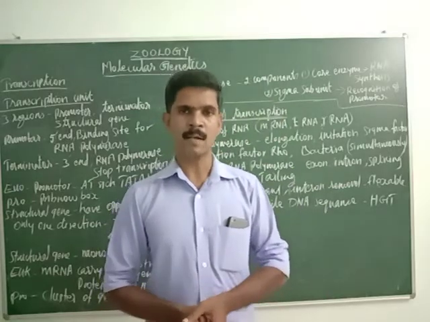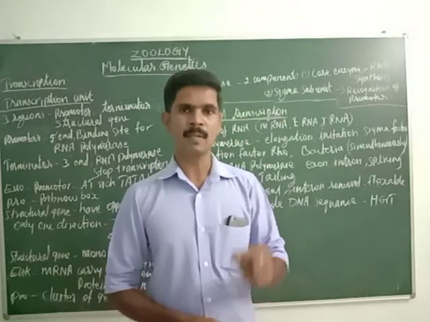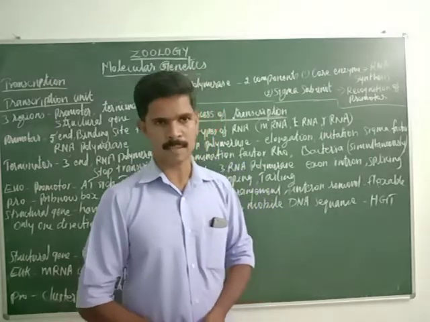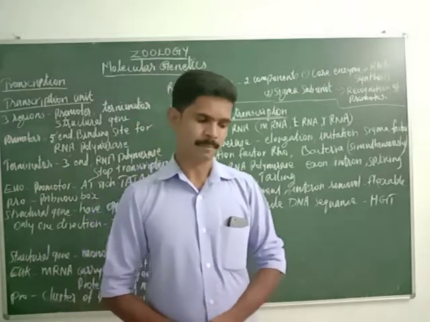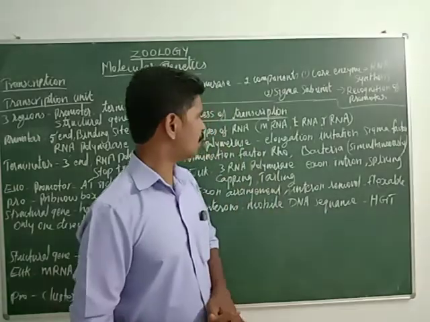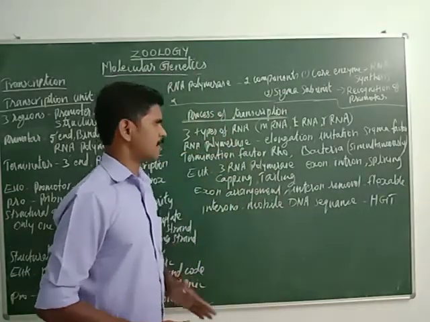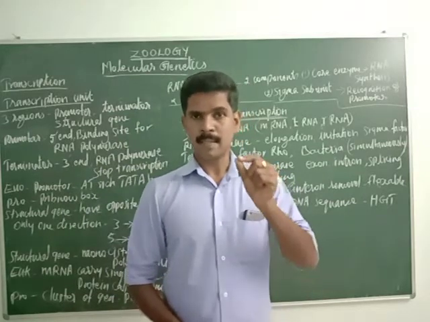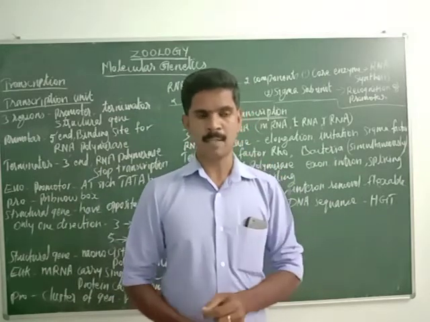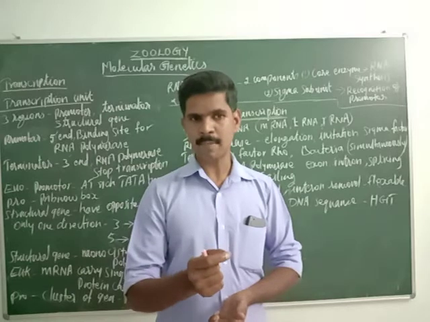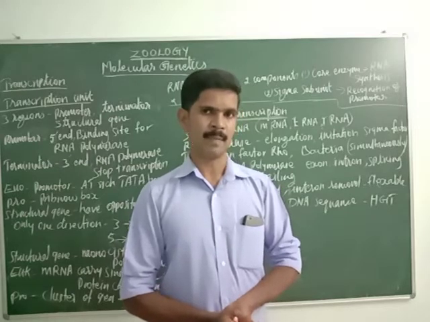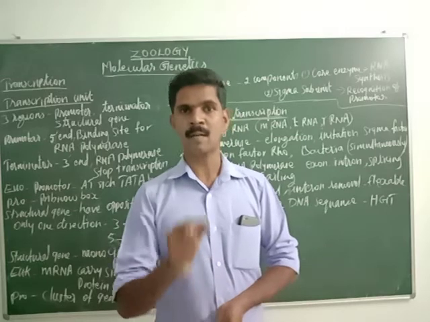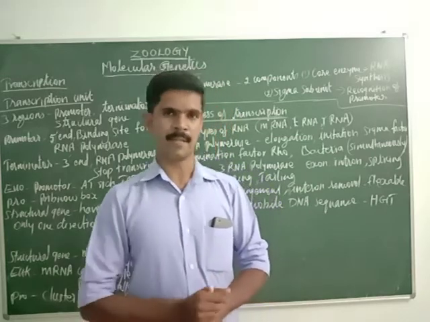So all these RNAs play a very important role in the production of protein in a prokaryotic cell. Then the next point about the process of transcription: a single DNA dependent RNA polymerase enzyme catalyzes the polymerization of all these three RNAs.